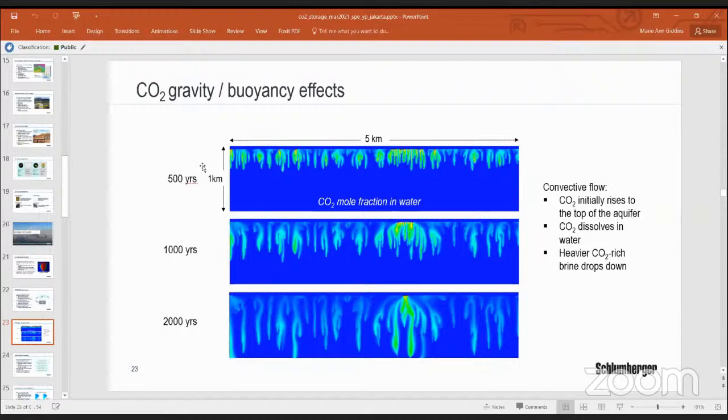What happens is that, first of all, you have convective flow, which leads to CO2, initially having been injected as a hydrocarbon-like gas or single-phase fluid, rising to the top of the aquifer. Then it starts to dissolve in the water. Brine containing dissolved CO2 becomes heavier, and then it drops down in the reservoir. So this picture is very pretty. Obviously, in real life, reservoirs are not flat, but this is the kind of study that you might want to do to determine the long-term fate of the CO2.